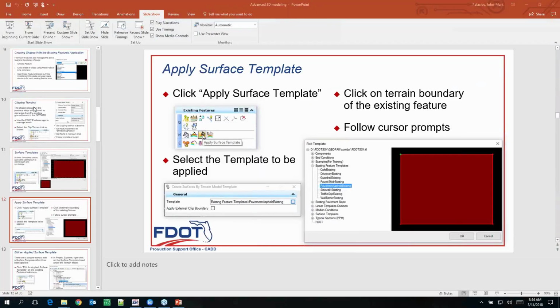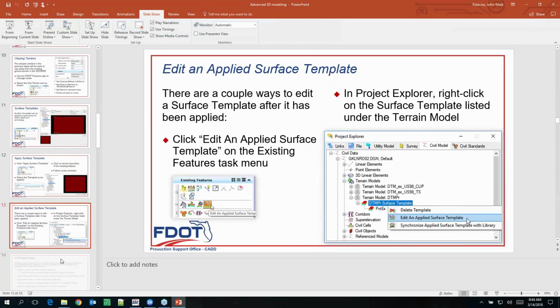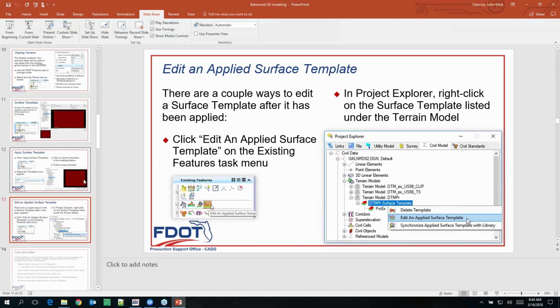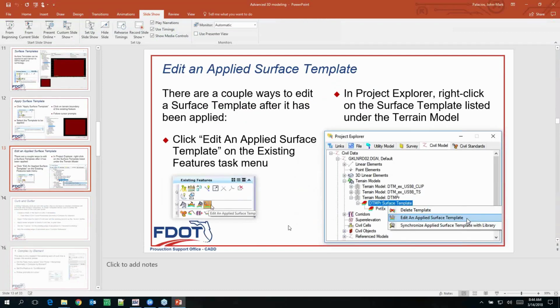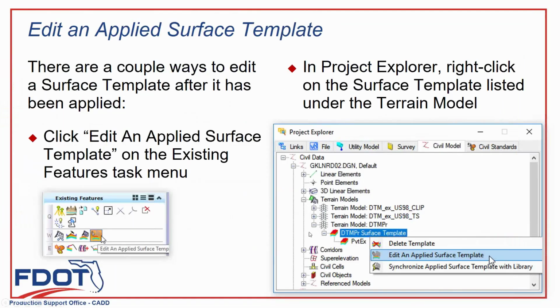There are a couple of ways to do it. One way is to click edit. Most of these tools are set up so you go in a workflow across the bar. You click the terrain first, you open your surface, you open your template, and then you apply the template. Now we're editing a template.